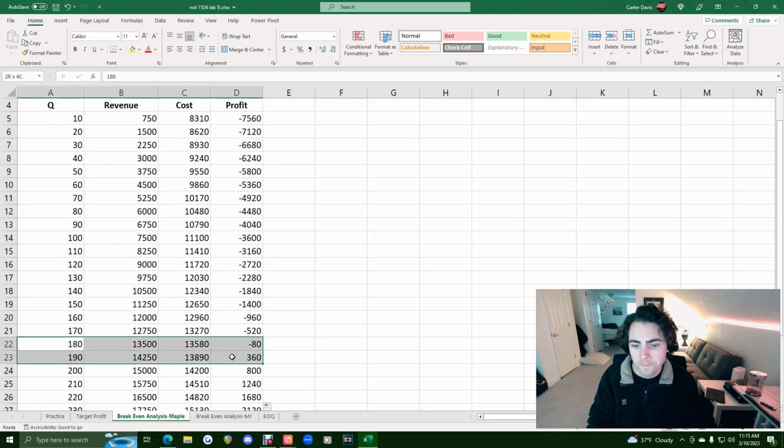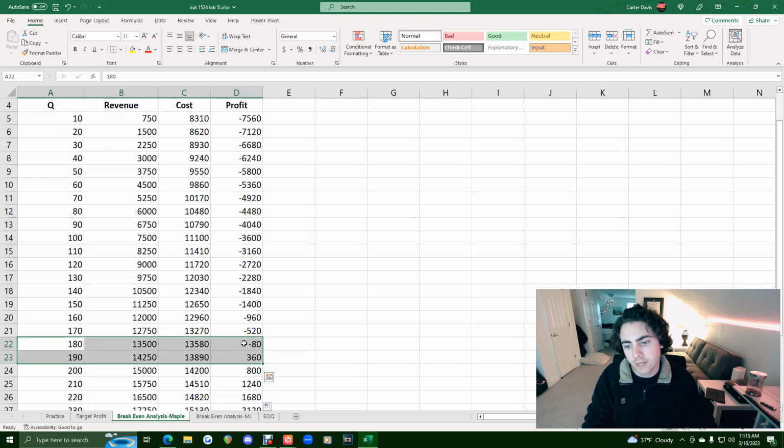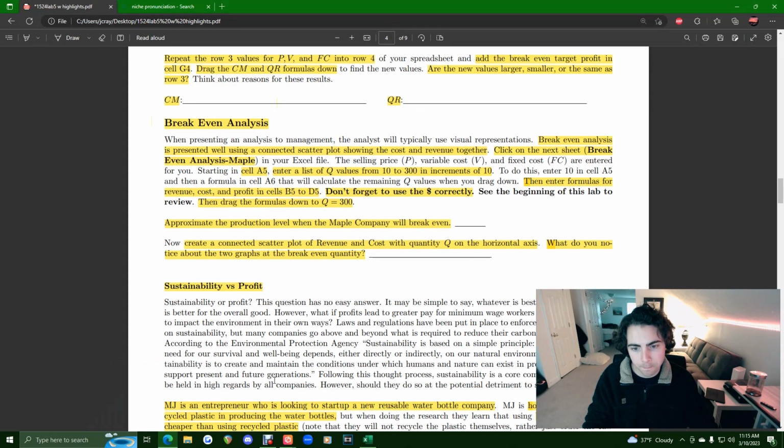If you had to estimate, it looks like it's barely negative, but then it jumps to 360. They're selling for 75 and it's at negative 80. So you have to sell 182 to fully break even. Okay. 182 is the quantity production level where you break even.